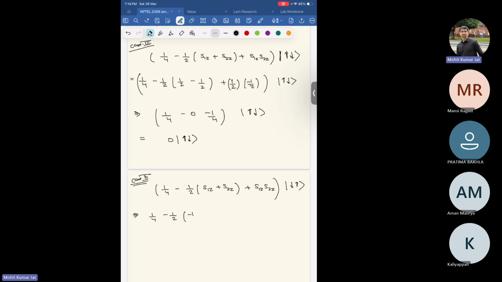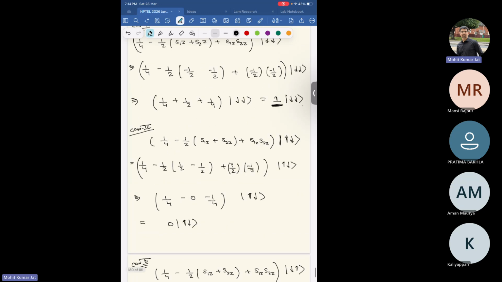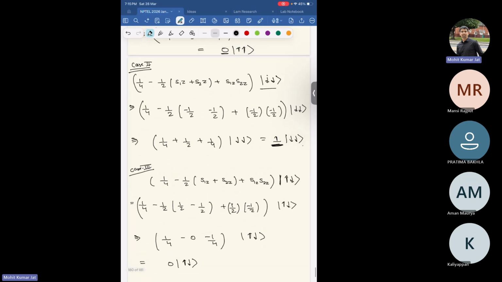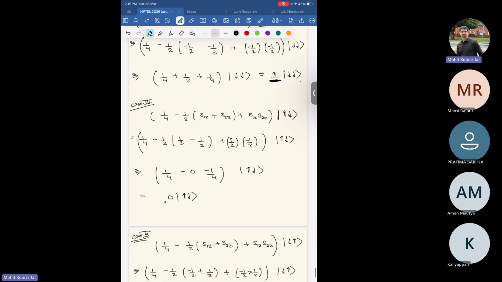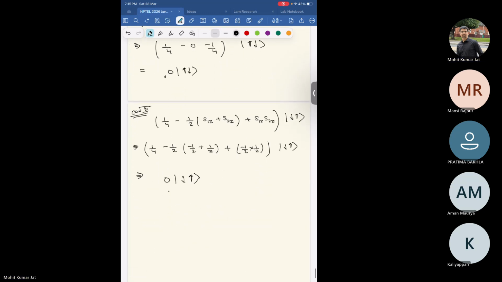S1z will give you minus half. S2z will give you plus half. S1z S2z will give you minus half times plus half. So this gives you again 0. So only if it operates on down down, it gives a value of 1. Otherwise, all the time its value is 0. 0, 0, and 0.